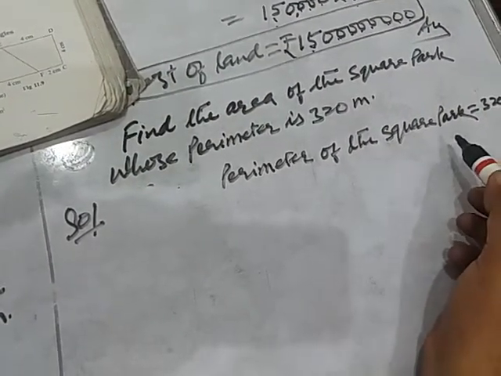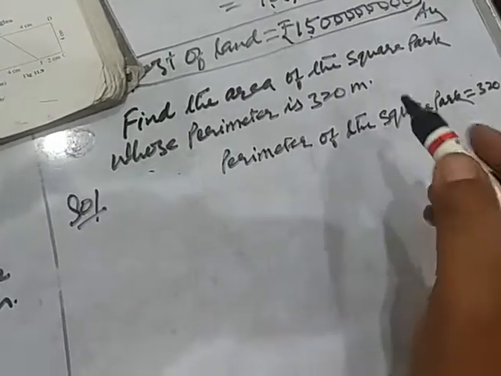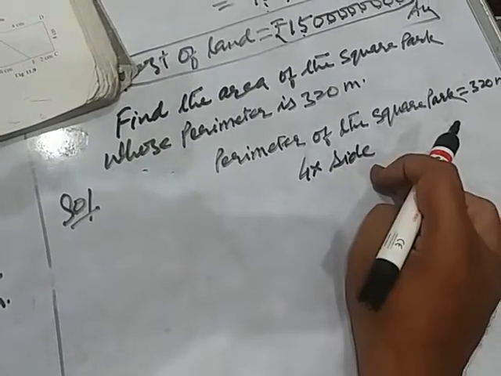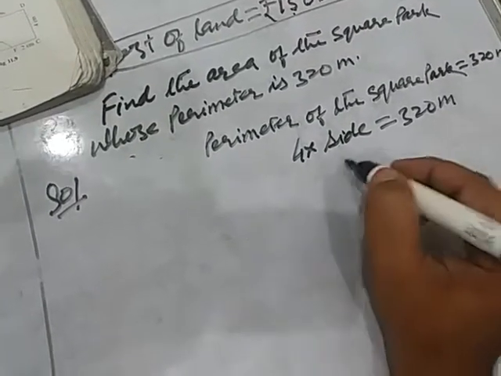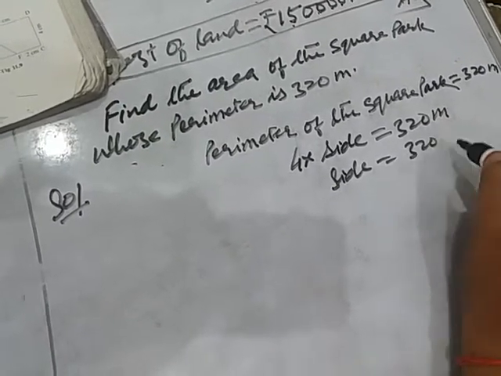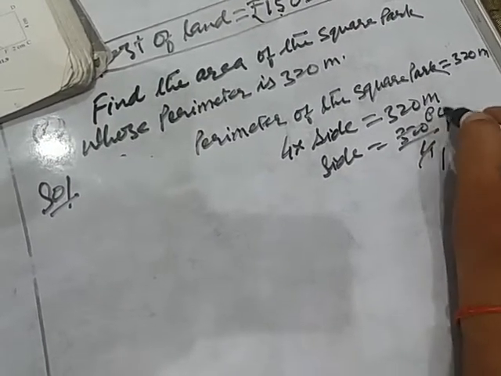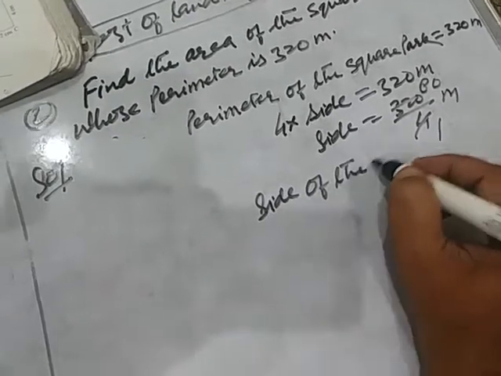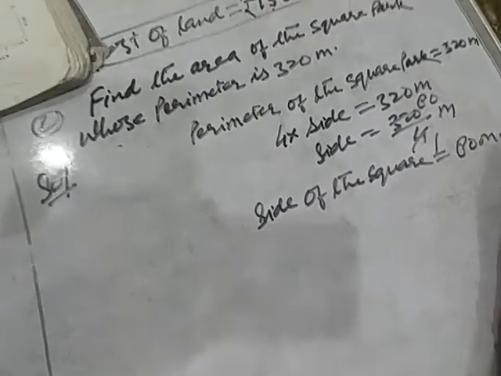So what is the formula for the perimeter of the square? 4 into side. 4 into side equal to 320 meter. So side equal to 320 upon 4 meter, that is 80 meter. Side of the square is 80 meter.